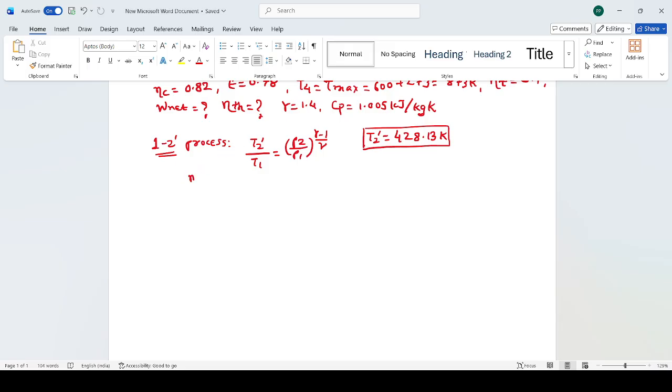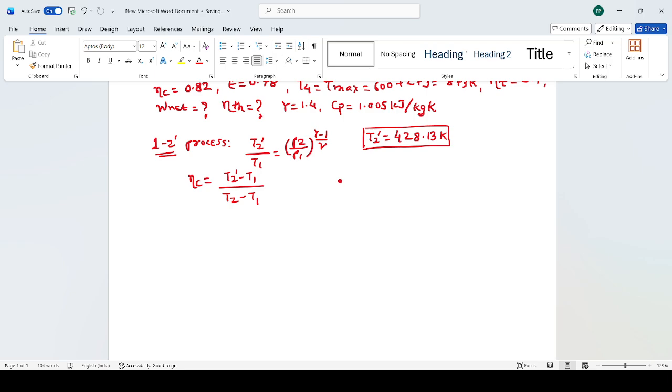Then the actual temperature after the compression can be found by using the compressor efficiency. I can write the isentropic temperature rise, T2 dash minus T1, divided by the actual temperature rise, which is nothing but T2 minus T1. This compressor efficiency I am expressing as the ratio of isentropic temperature rise to the actual temperature rise.